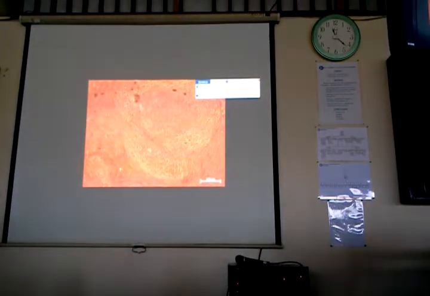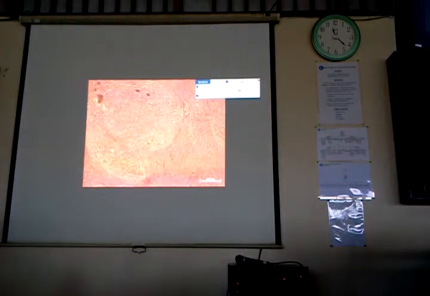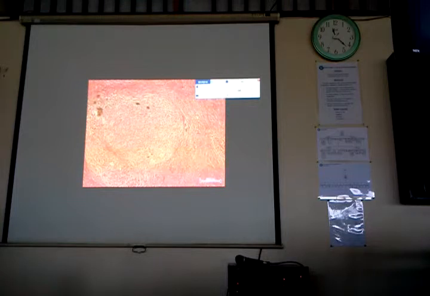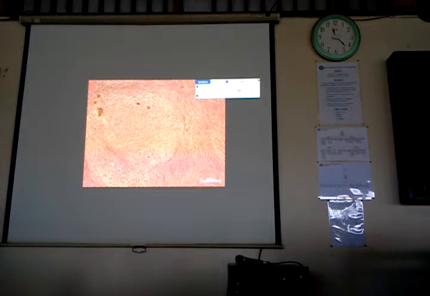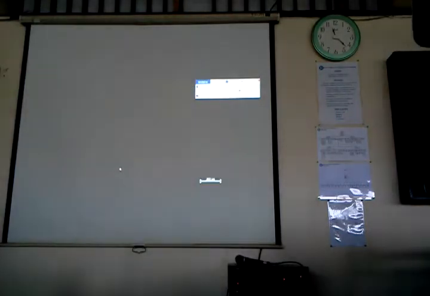So we have to look first for the Reed-Sternberg cell. Now that's the low power magnification view. We can easily identify the Reed-Sternberg cells because they are larger than the regular white blood cells or lymphocytes. So there they are on low power magnification view.